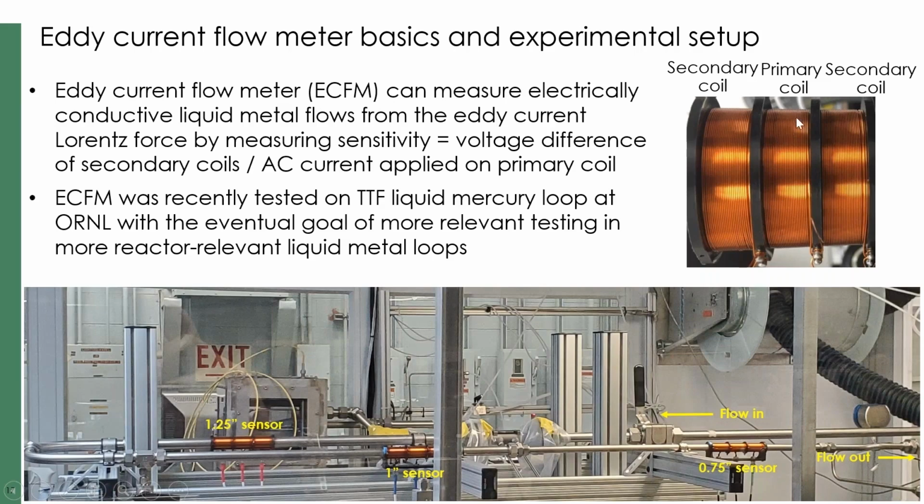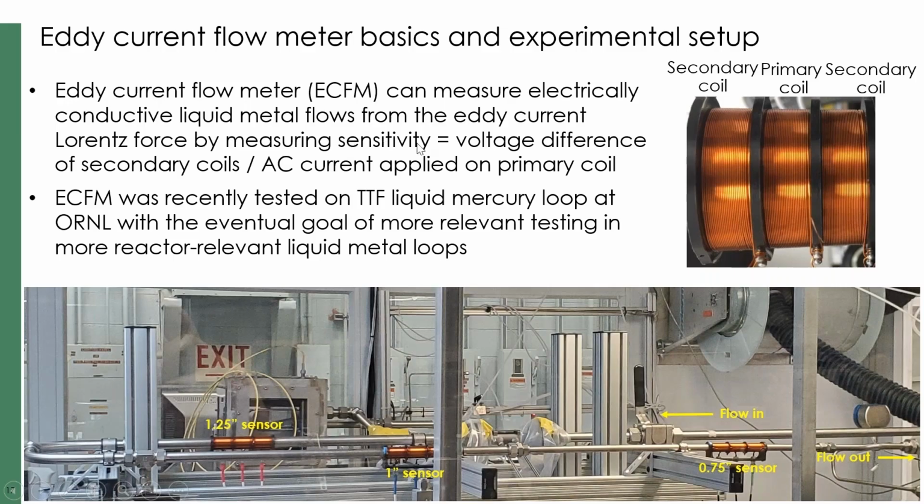If you apply an AC current on what is known as the primary coil, and then measure the difference in the secondary coils, if there is no flow through this sensor, then the voltage difference in the secondary coils is 0. If there is some flow, then the voltage difference between the secondary coils is proportional to the velocity.